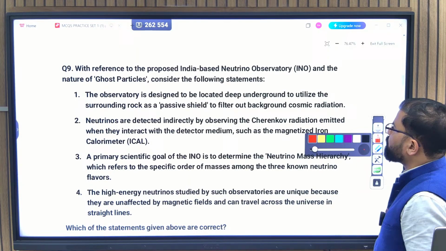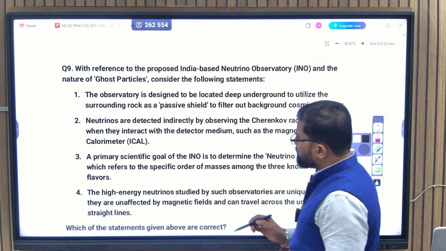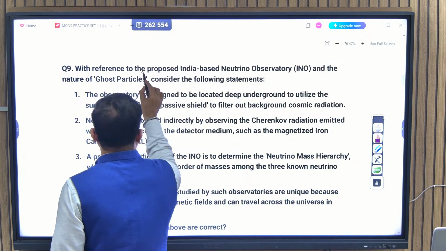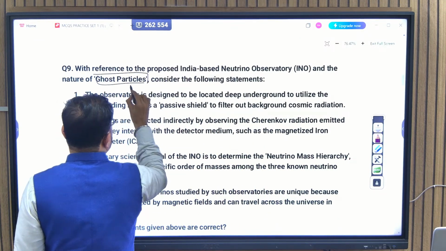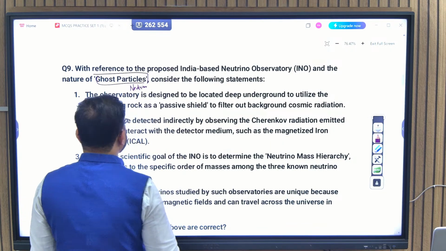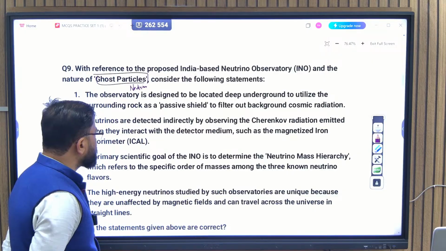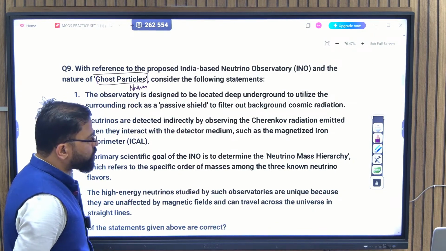With reference to the proposed India-based Neutrino Observatory and the nature of the ghost particle, we have discussed that ghost particle means we are talking about the neutrinos. Consider the following statement. The observatory is designed to be located deep underground to utilize the surrounding rock as a passive shield to filter out background cosmic radiations.